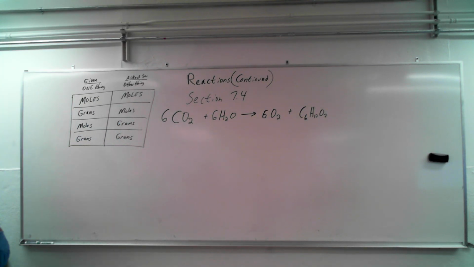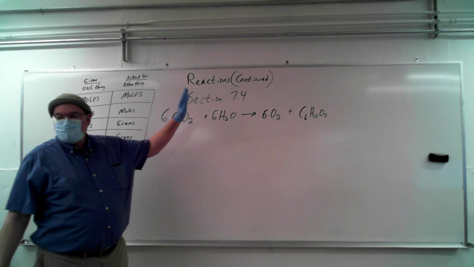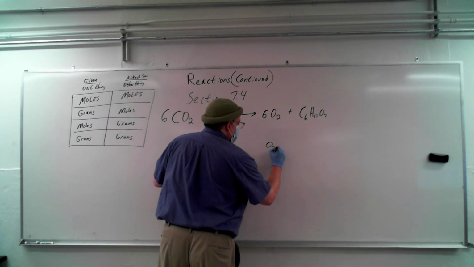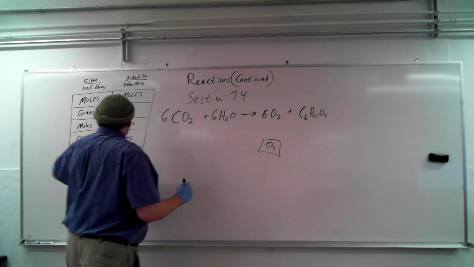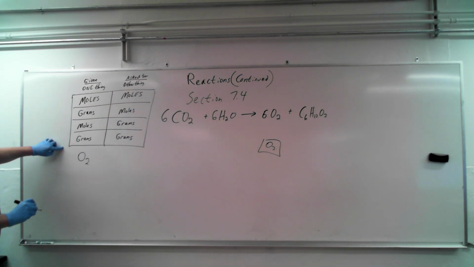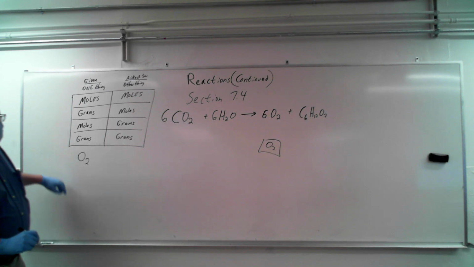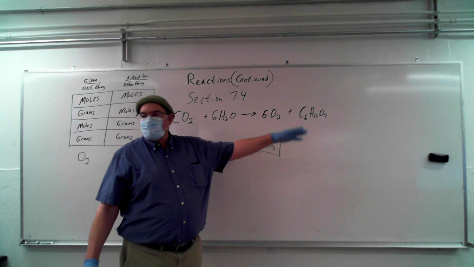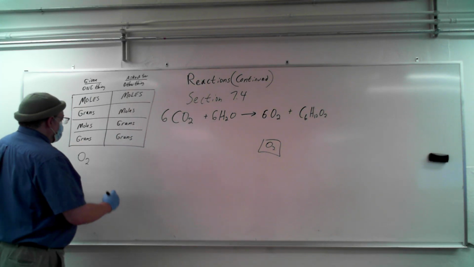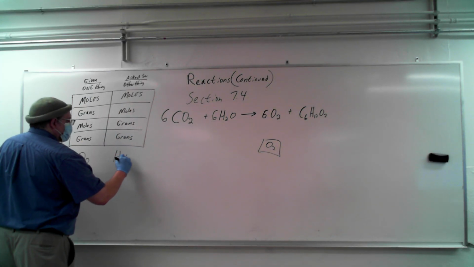So if I closed my eyes and randomly picked one of these, let's say it was O2, and said that's what you were given. Let's say you were given O2 in one of these forms. And then if I limit O2 and I close my eyes and I randomly pick something, let's say I picked this, H2O. This is what I mean by this chart.